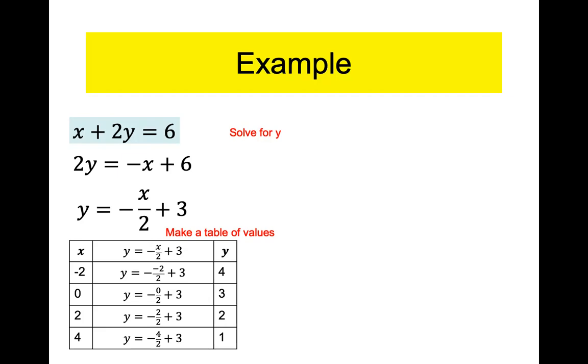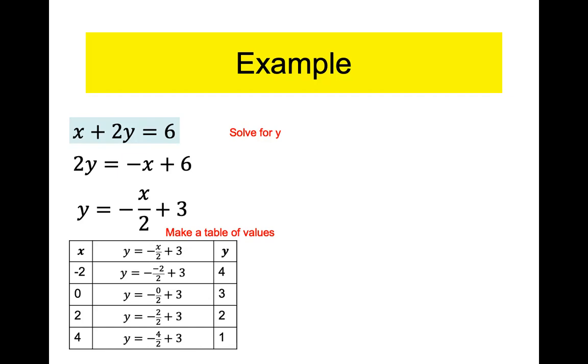Okay. Now, last step, we plot the points. Where are the points? Well, the points are this column and this column put together. X, Y, X, Y, X, Y, X, Y. A lot of math teachers in some books will put an extra column, and they'll have you write the points. I think that's too much work.